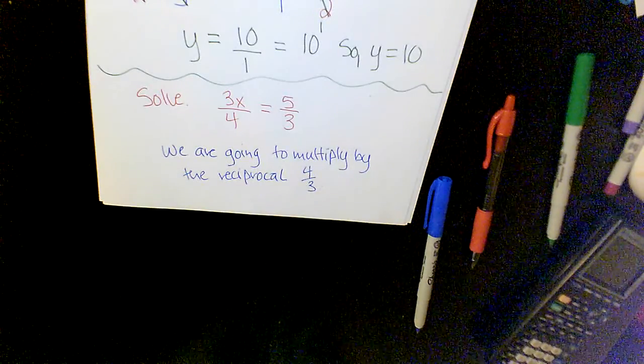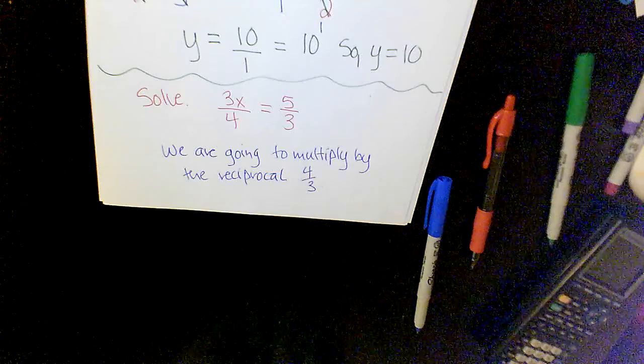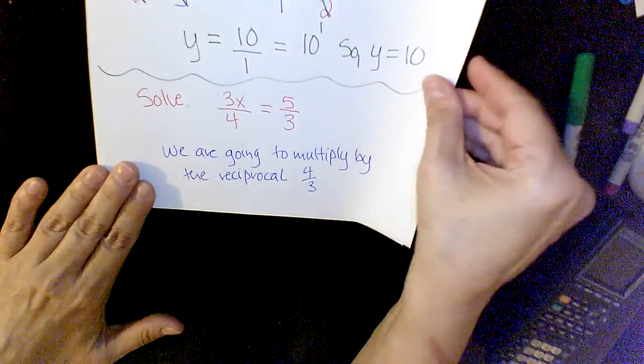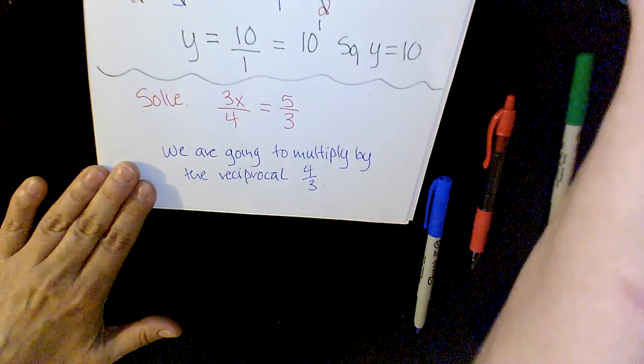So we're going to multiply both sides by 4/3. So let me rewrite that for you, and we'll solve it.